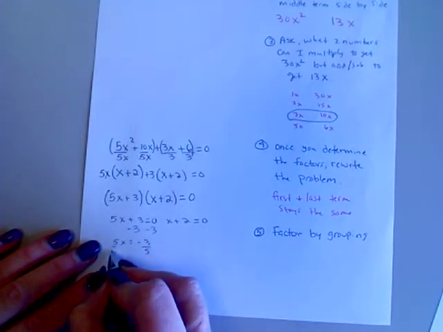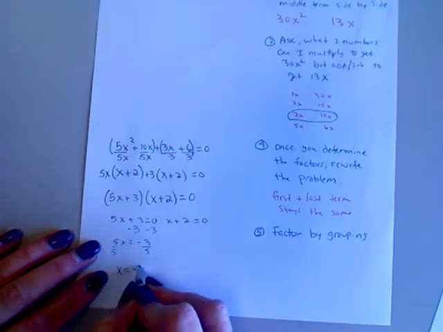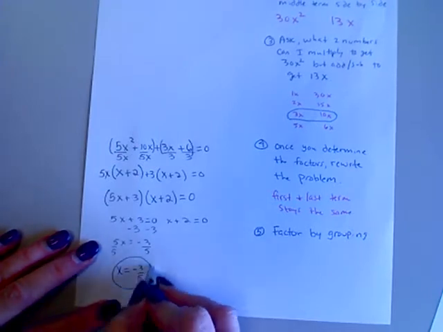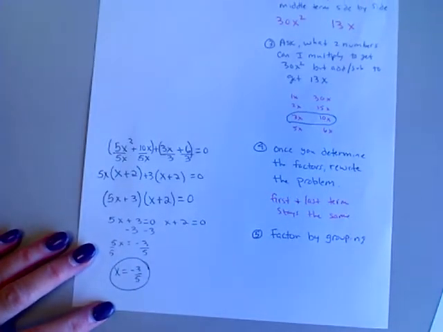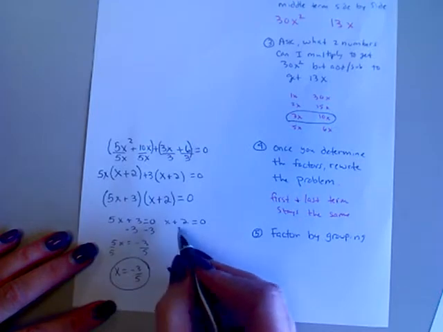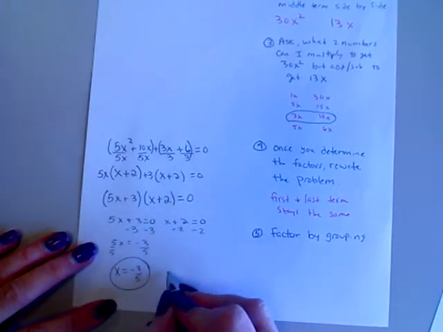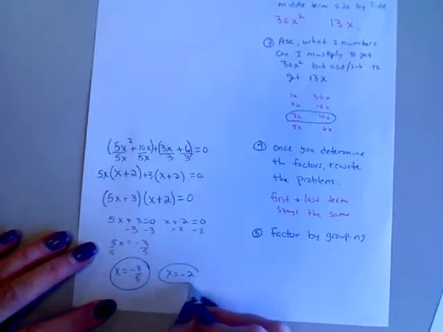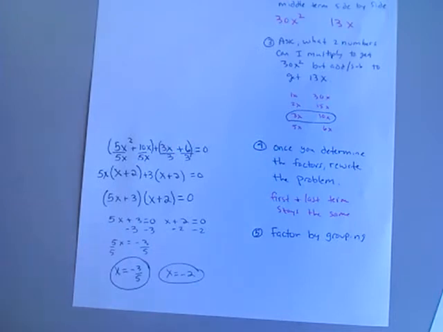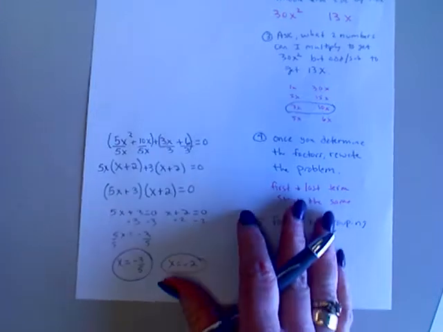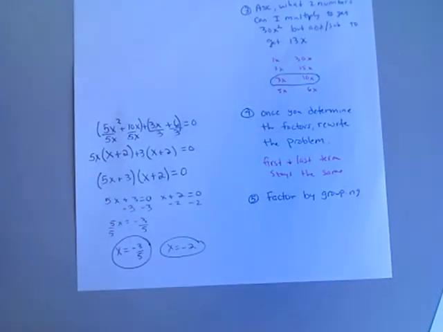Divide both sides by 5, and you get x equals negative 3/5. There's one answer. On the second one, I subtract 2 from both sides. I get x equals negative 2. There's the second answer. Okay, that's where that parabola crosses the x-axis at those 2 points. And these are the steps to do that.